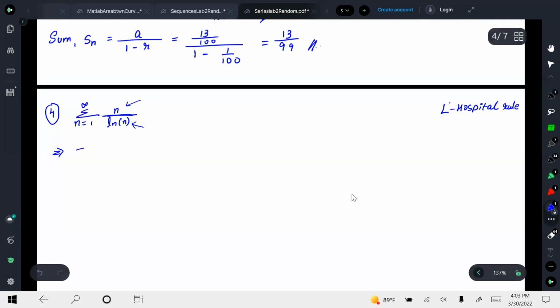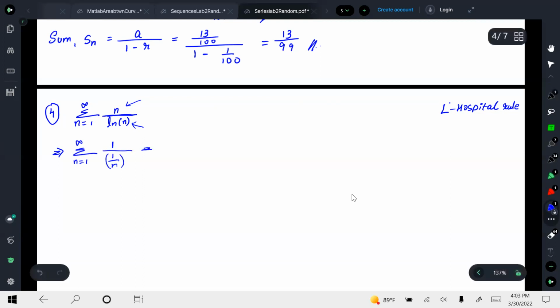Now this is how it works. Summation n equal to 1 to infinity. The derivative of n with respect to n will be 1, divided by the derivative of ln n, which is 1 over n. Now do not bring this to the numerator.